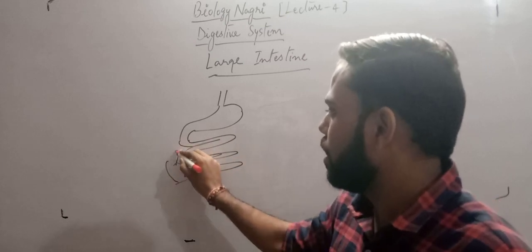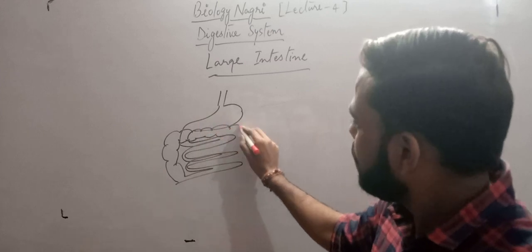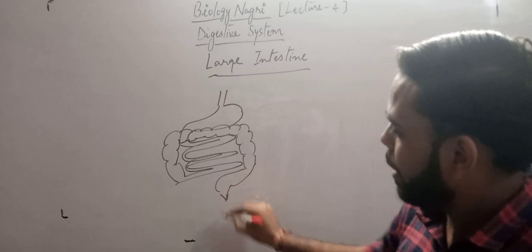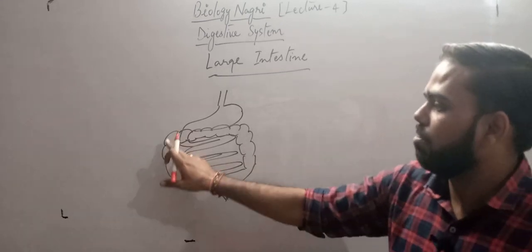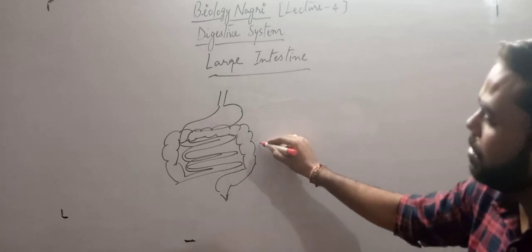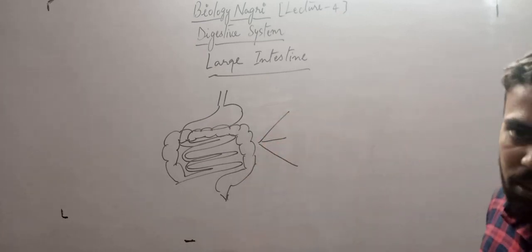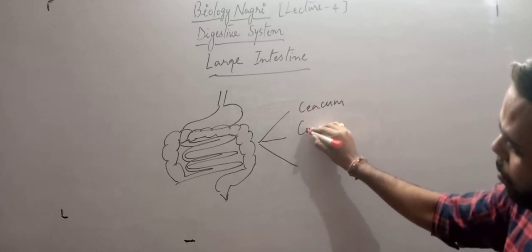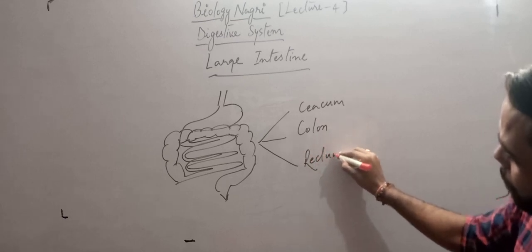So this is our large intestine, where the small intestine ends, and the large intestine comes and lasts into the rectum and anus, the excretory parts. The large intestine is divided into three parts, namely the first part cecum, the second part colon, and the last part rectum.